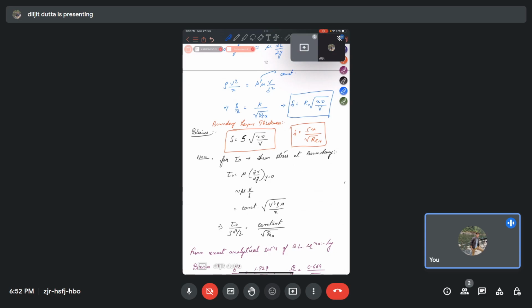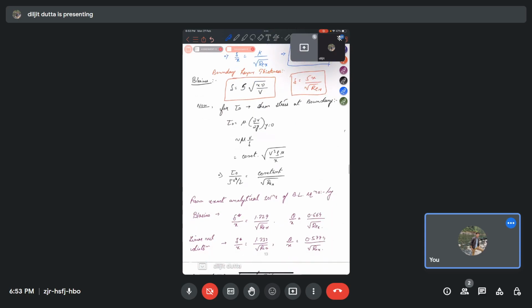So from the momentum integral equation, we get tau naught by rho v square as a constant divided by root Re x.